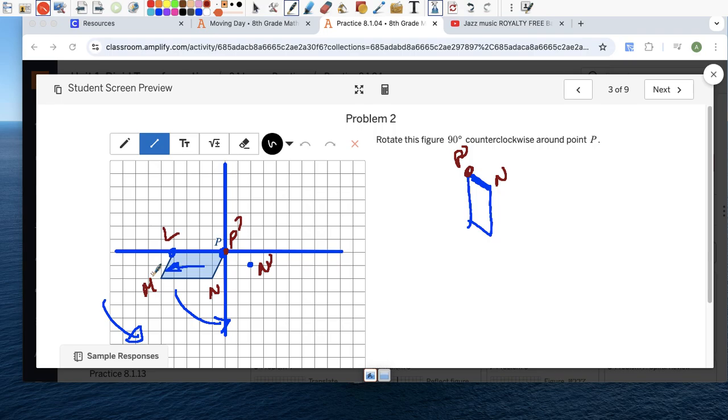Point M, as this figure shifts to the right here, ends up being 1, 2, 3, 4 here, M prime, and then this is what L prime would be.